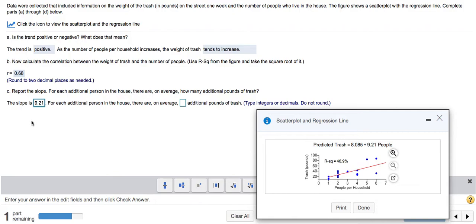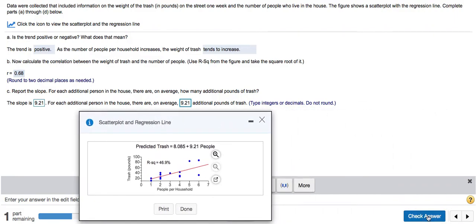So if you go over 1, you go up 9.21. That 9.21 is how much the pounds of trash is increasing by. The slope is sitting right here. You could write it as a fraction whose denominator is 1, but this number is telling you how much the line is increasing by. So that should be my answer there, 9.21.